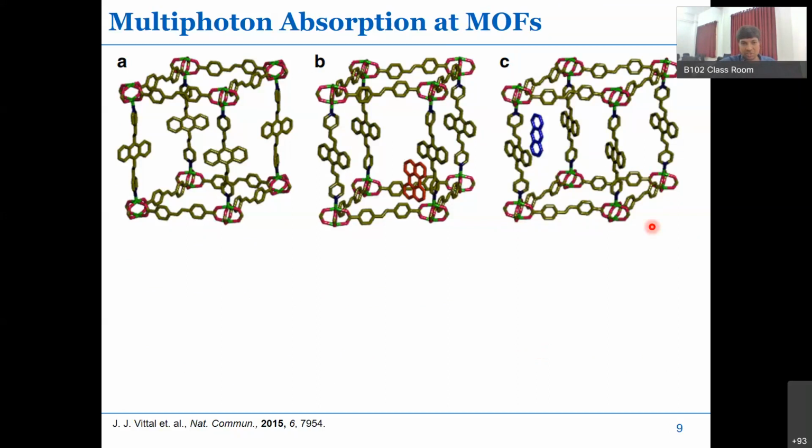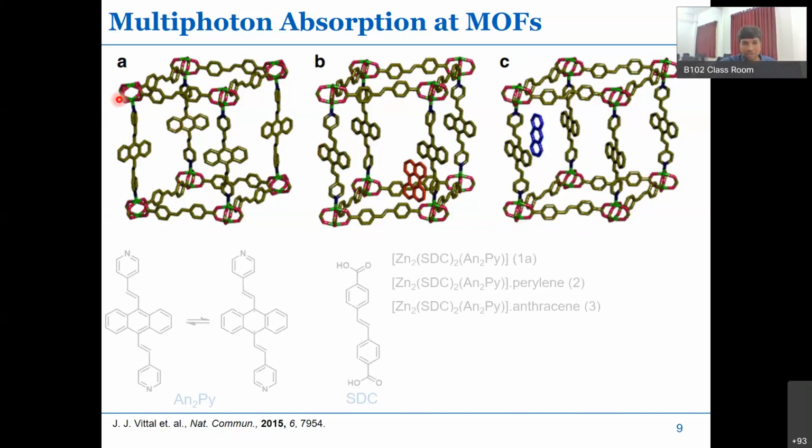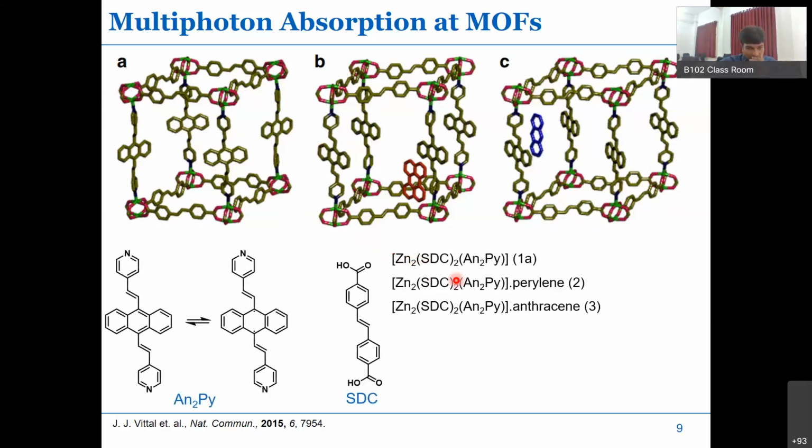This is a typical MOF, as you can see here, where you have zinc as the metal node and stilbene dicarboxylic acid as the linker. This zinc node is combined by the organic linker like this, and forms a 2D layer structure.